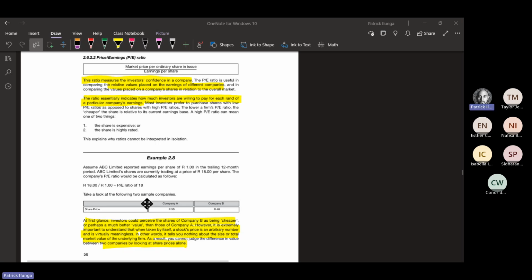Because the PE measures the investor's confidence in a company, all right? Because when you're looking at the market price, that's what investors all the time are looking at. You will see many of you who are investing in stocks, they're always looking at the market. Oh, the price went up.